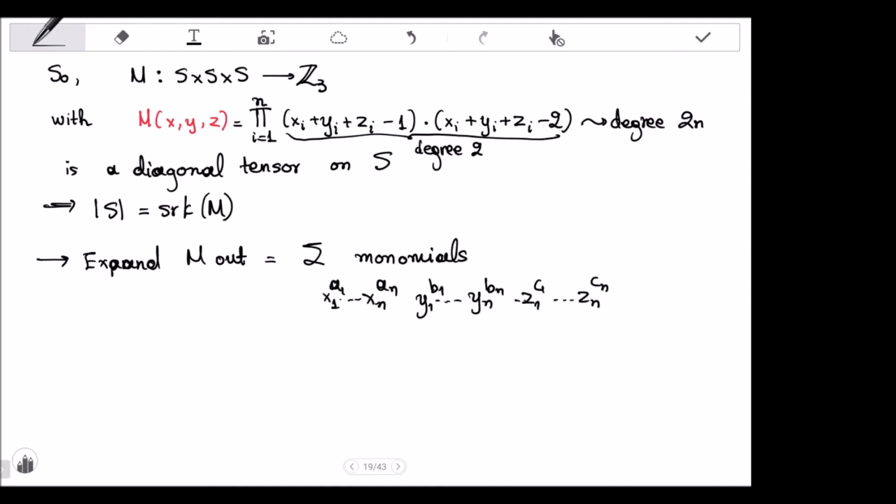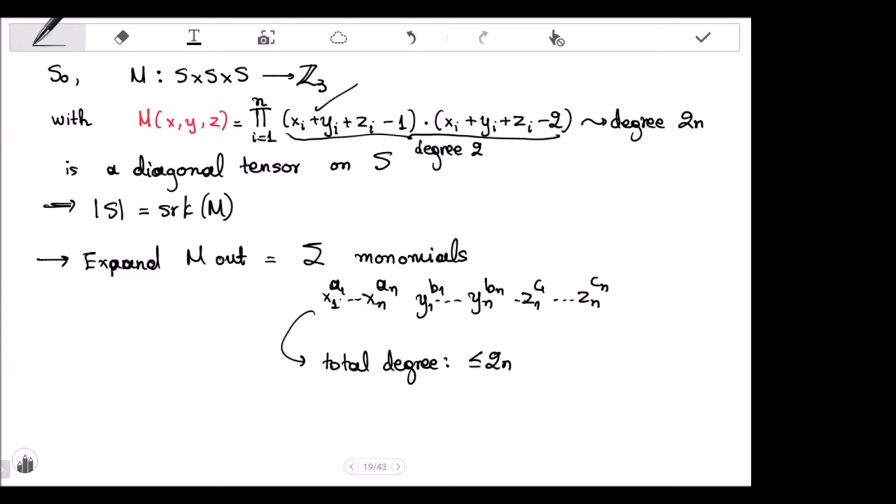Okay, but of course, the total degree here is at most 2n for every one of these monomials, because that's what happens here. So all these exponents add to at most 2n. And also, we noticed that for every single x_i, y_i, or z_i, the exponent has to be very small.